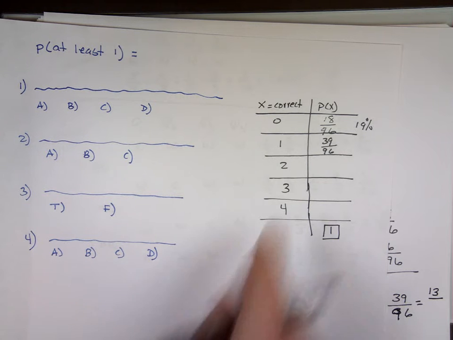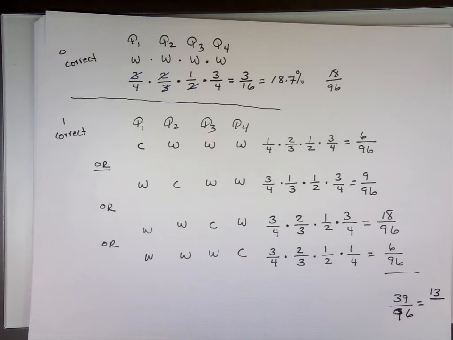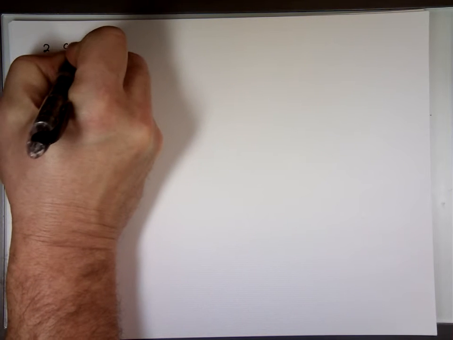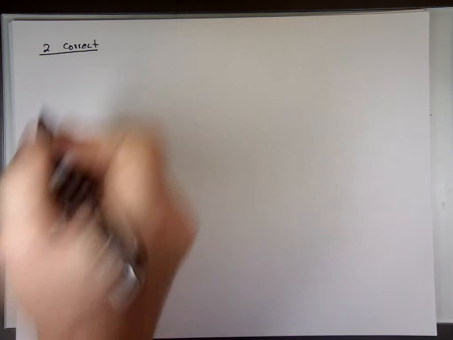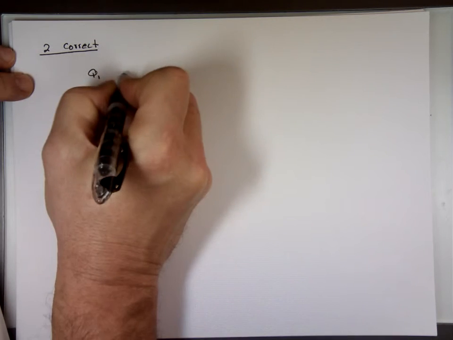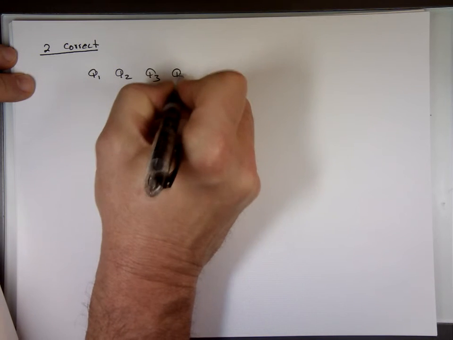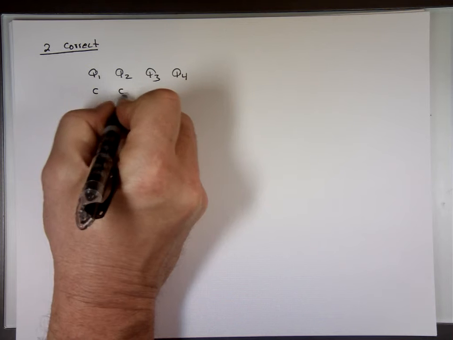Now let's see number 2. 2 correct answers. This is going to be longer for 2 correct answers. Isn't there more? Yep, more choices. Here's question 1, question 2, question 3, question 4. You go correct, correct, wrong, wrong.